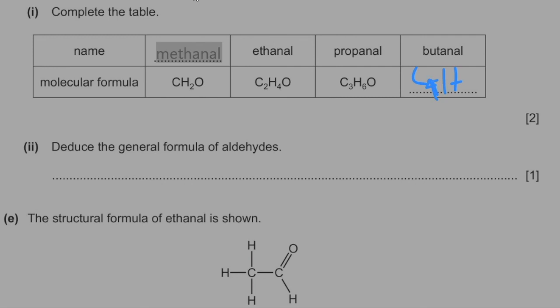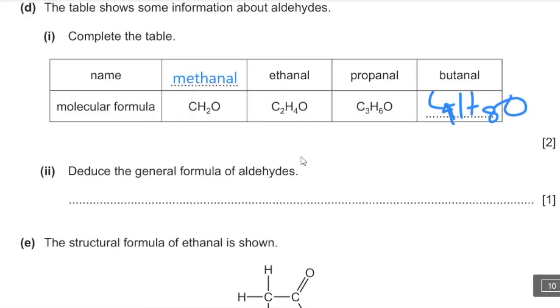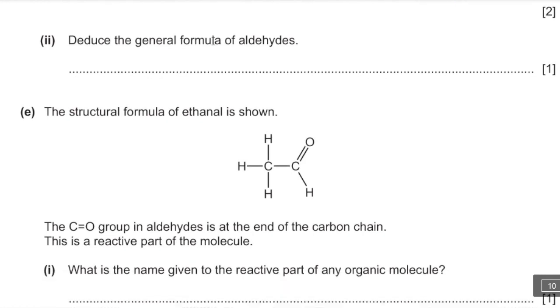And as you can see over here, the number of hydrogens is twice that of the number of carbons. So we have 2 with 1, 4 with 2, 6 with 3, and that should mean 4 twos are 8, but the number of oxygens remains the same in each case.